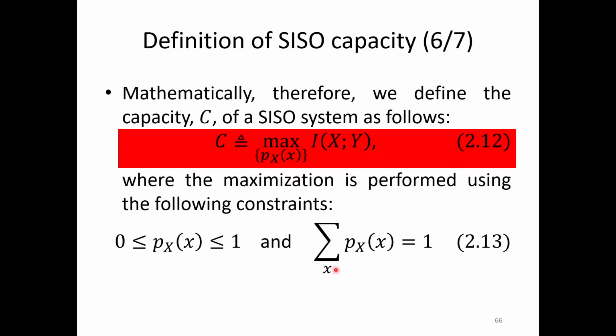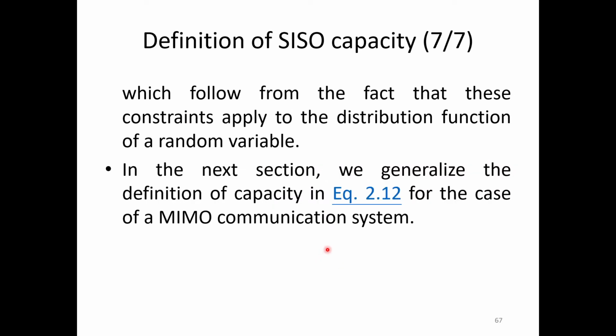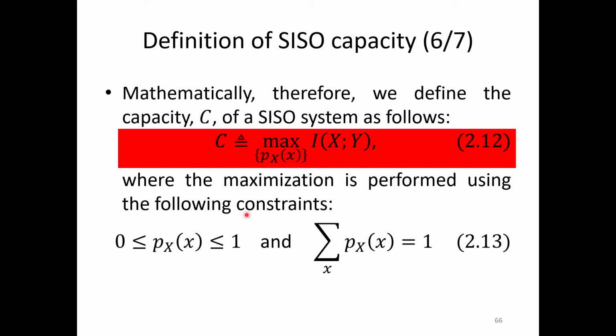And summation over x of P capital X of small x is equal to 1. It is also obvious because the total probability must be equal to 1, which follows from the fact that these constraints apply to the distribution function of a random variable x.